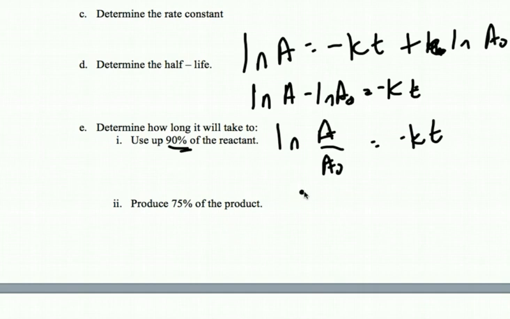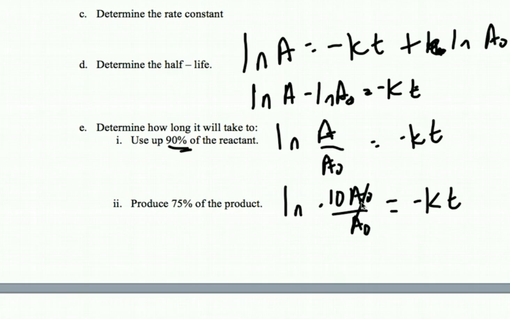Why is that important? Because if we're doing ln of 0.1, which is how much is remaining, a naught over a naught, these cancel. So I don't even need to know my original a naught. And even if I did, I wouldn't have to put it in my equation. I can just drop out the a naughts because of that.